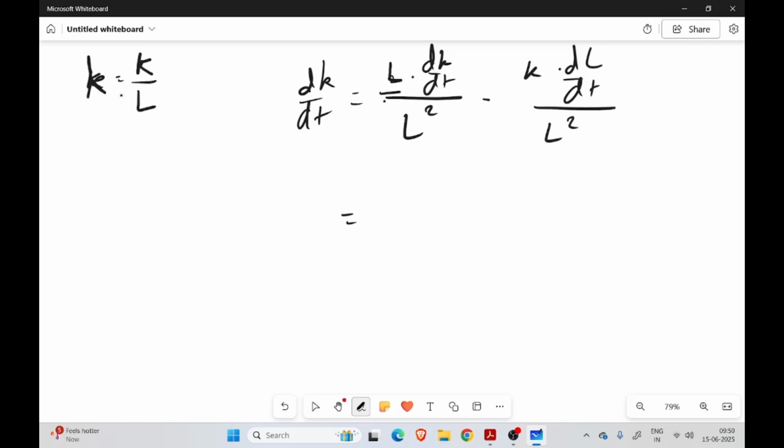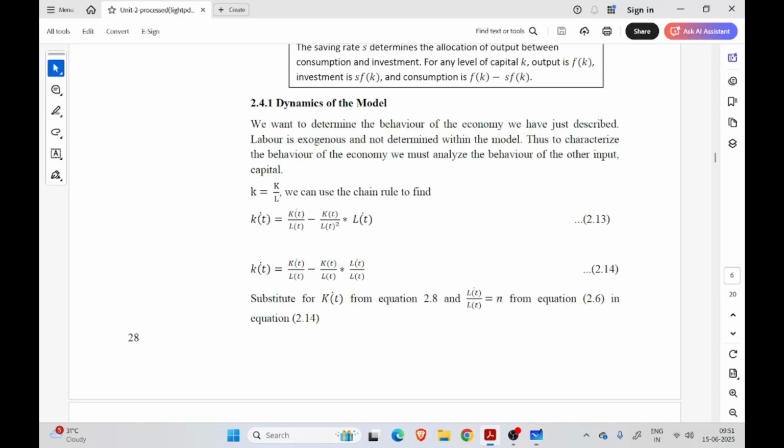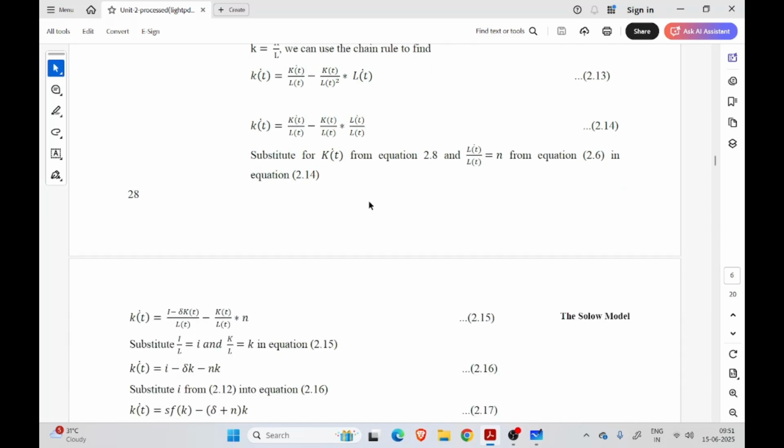So this becomes dK/dt into 1 by L minus K by L into 1 by L dL/dt. We can write this as dK/dt into 1 by L minus small k into the growth rate of the labor force, which is n.